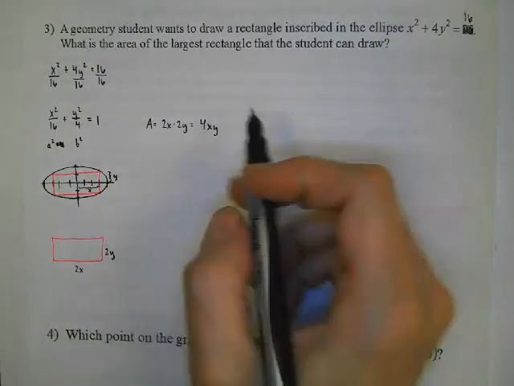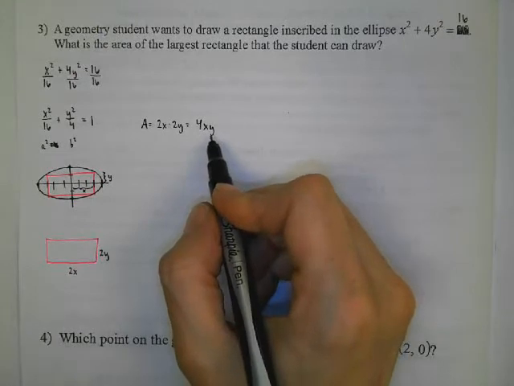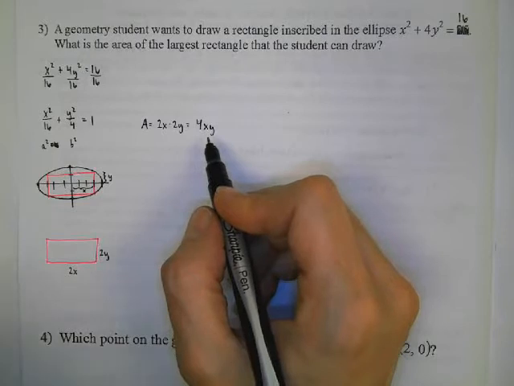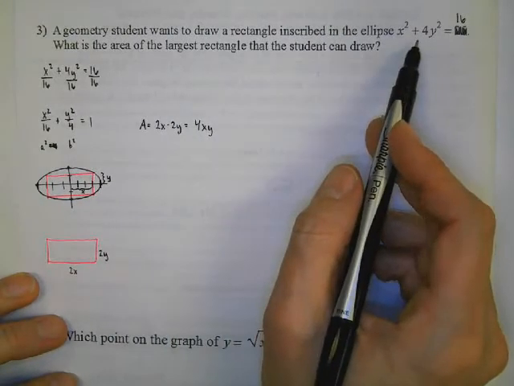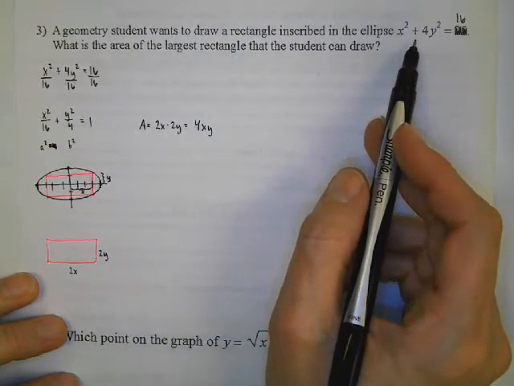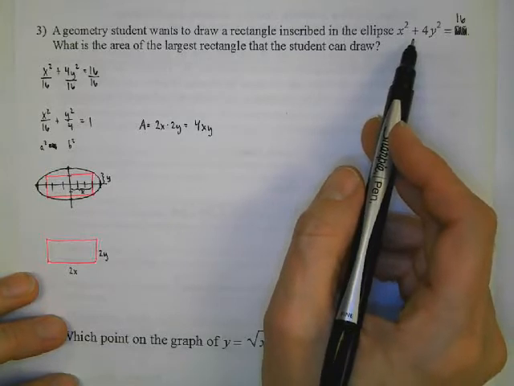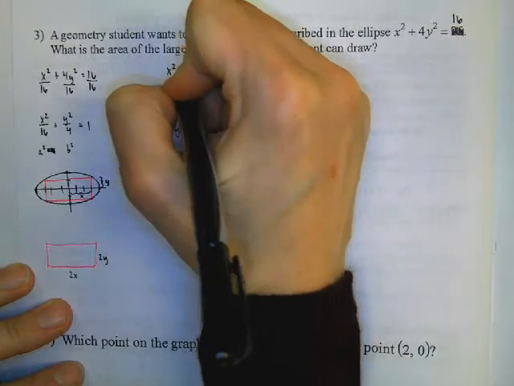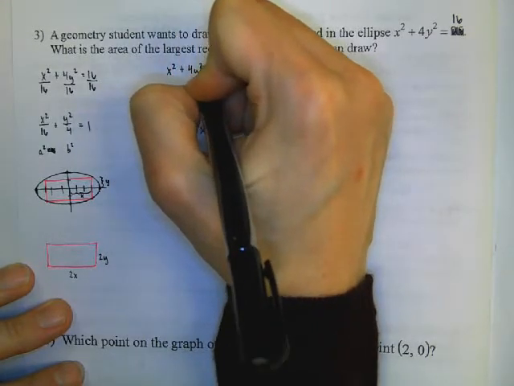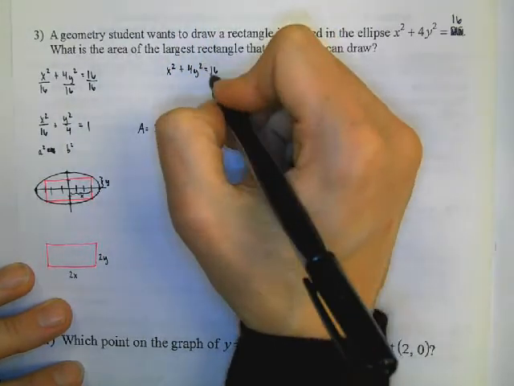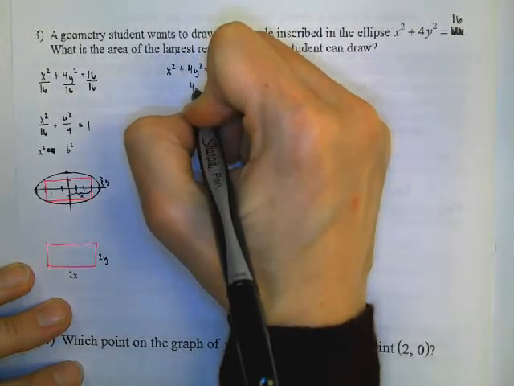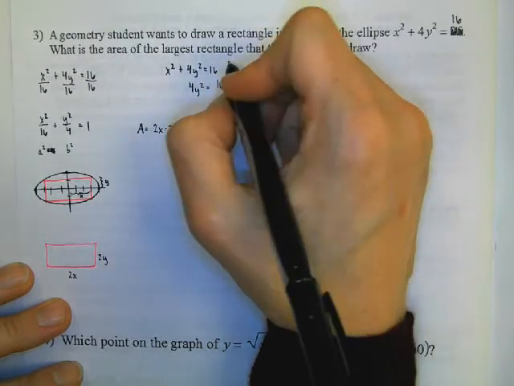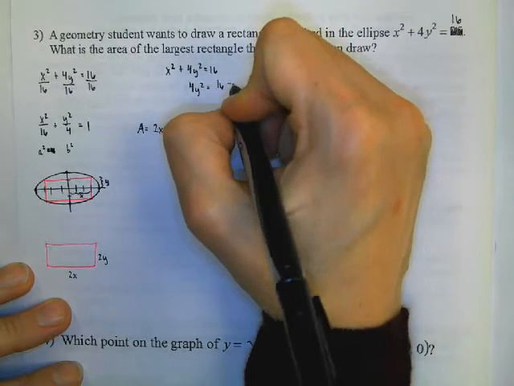Now I have to figure out how to get this area just in terms of x. Here's where we're going to use our algebra to rearrange this function to isolate y. If I have x squared plus 4y squared equals 16, 4y squared is going to be 16 minus x squared.